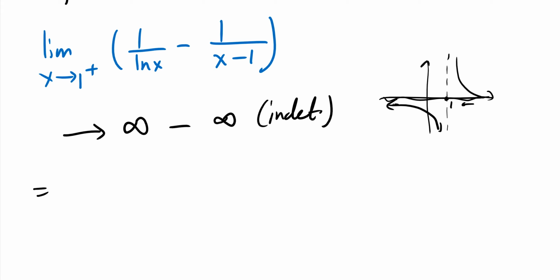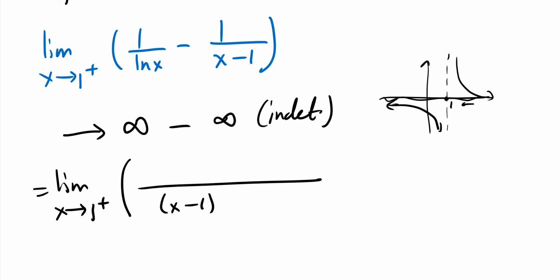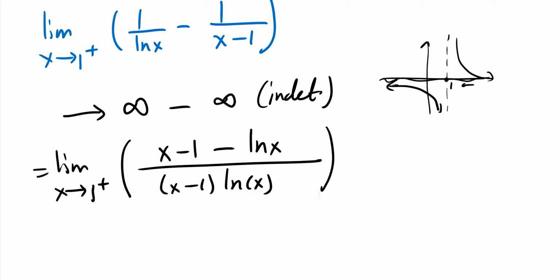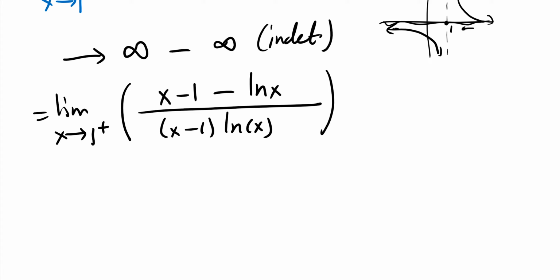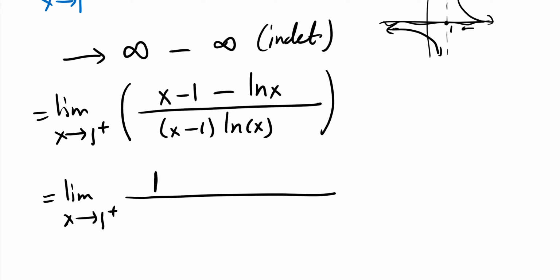Again, one of the keys, as I said, is to combine the fractions by finding the least common denominator, which is x minus 1 times natural log of x. And you get x minus 1 minus natural log of x on top. Then what do we do next? We are going to find the derivative of the top, which is 1 minus 0 minus 1 over x.